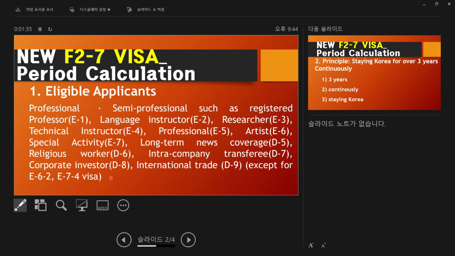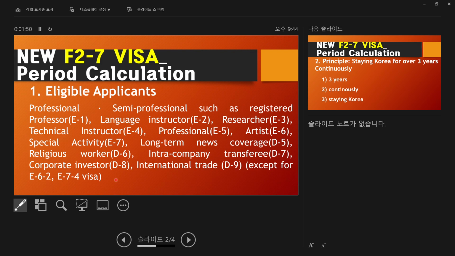But anyway, under the new F27 criteria, there is no E74 visa. So E74 visa holders cannot apply for the F27 after December 1st this year.